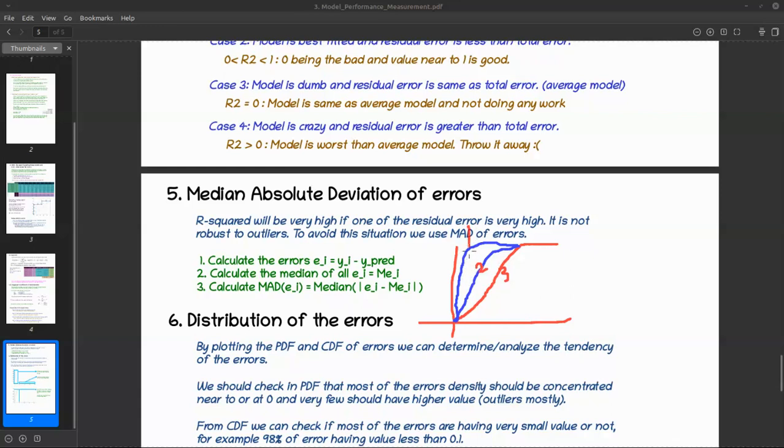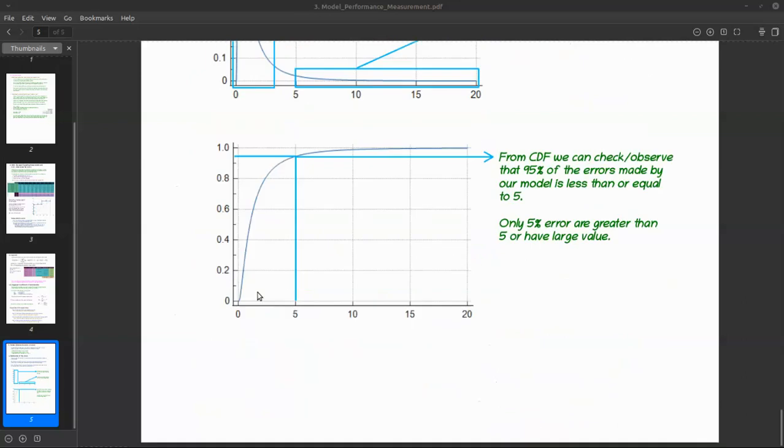Because most of your error, if you take the 90% value on your CDF, then 90% of errors are less than or equal to 1. For this it is less than or equal to 5, and for this it is less than or equal to 50, right? So the first one is very good because most of your errors are very low, less than 5, basically more than 90%, right? 95%.